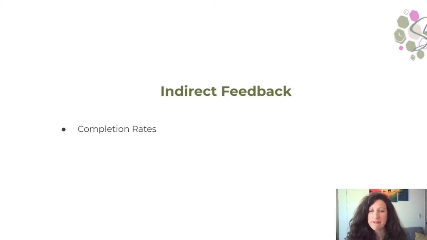So consider indirect feedback like, if I have a question, a quiz, for example, and in that quiz, 29 out of 30 students got the question wrong. This is indirect feedback for me to say something needs to change in the content, because how could 29 out of 30 students get the question wrong? Obviously, it means the content is not useful to help the students be able to understand the topic.